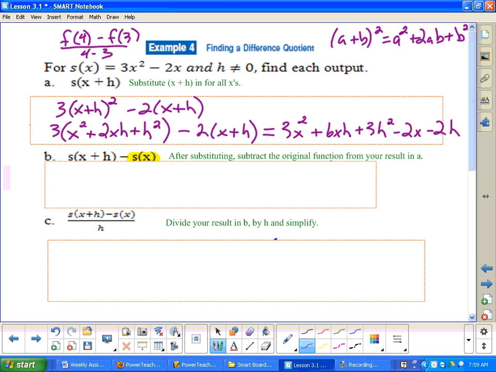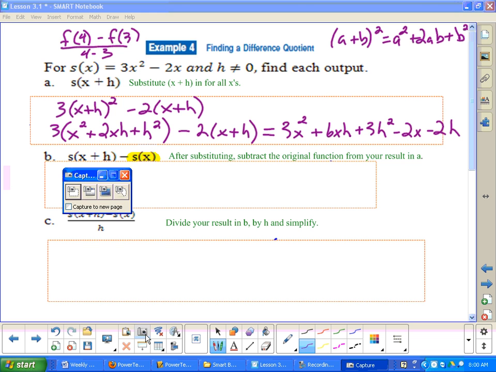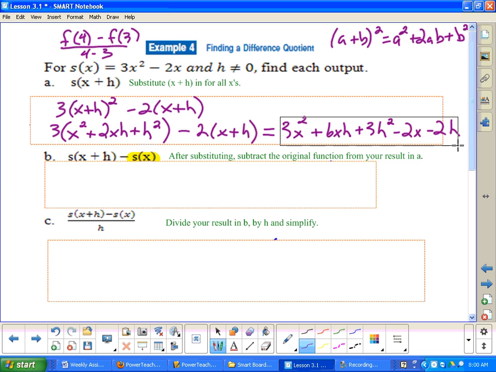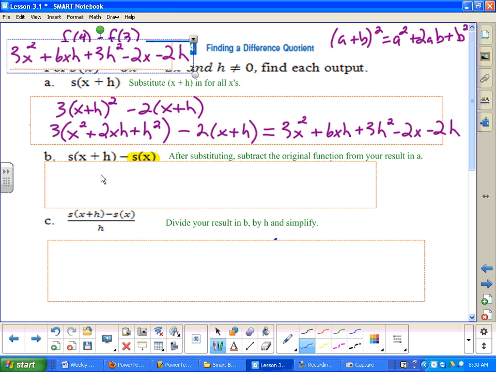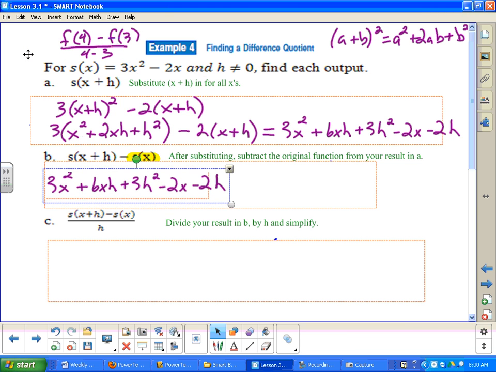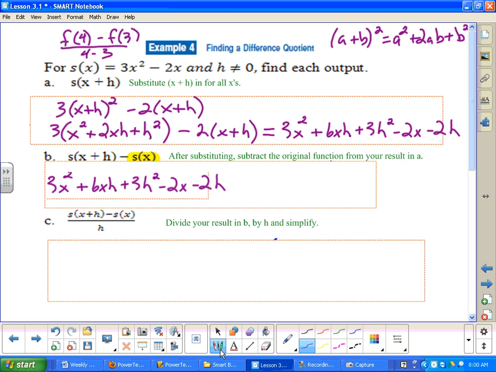So now the second thing we do is that we took and added some number to x, and then we're going to subtract the function itself. So basically we're just subtracting 3x squared minus 2x. So I have this, and now I'm just going to subtract from that 3x squared minus 2x.